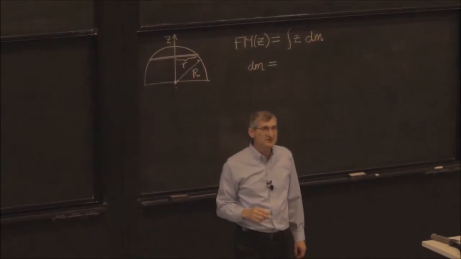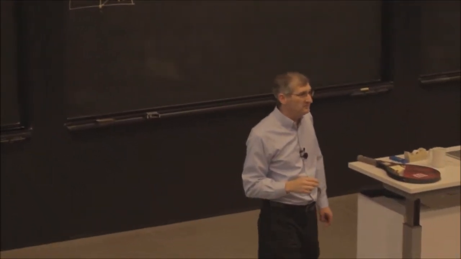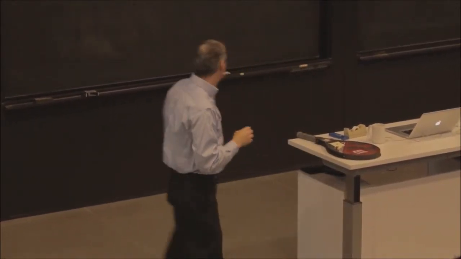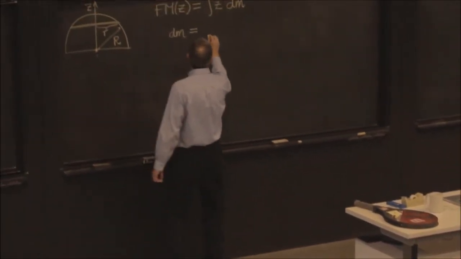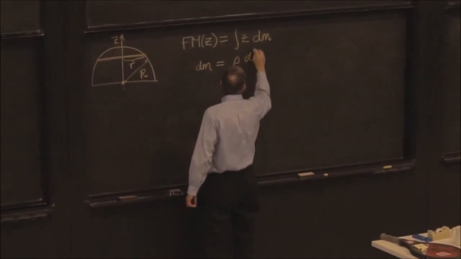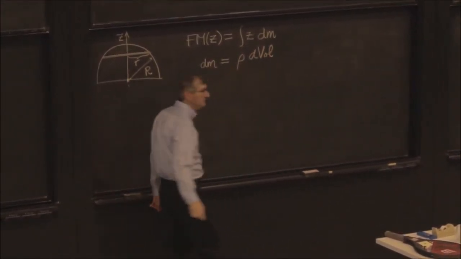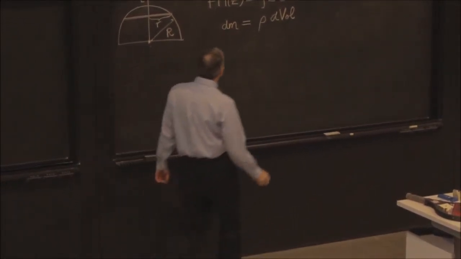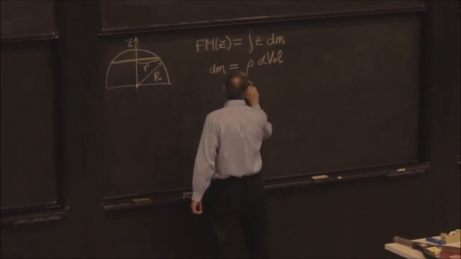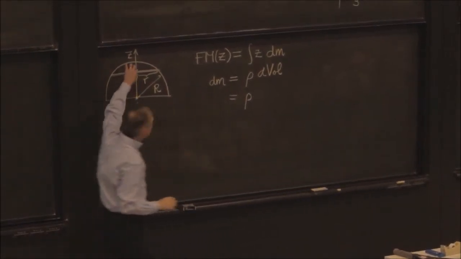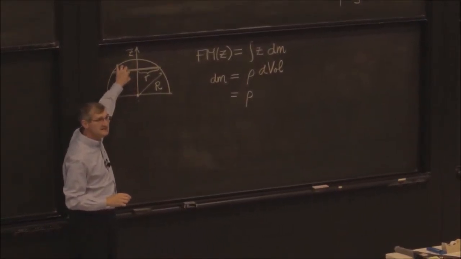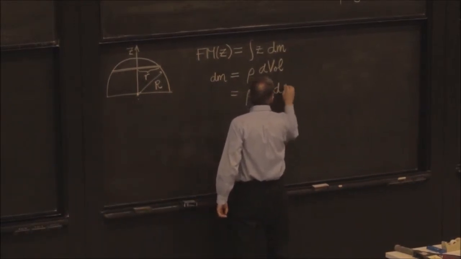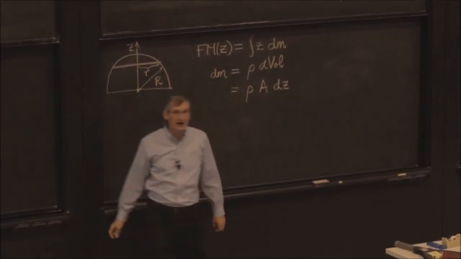Now it's not mass per unit area, it's mass per unit volume. I think you probably use the same thing in chemistry. What do you call it? Rho. Yeah, rho times d volume. So the d volume bit is going to have an infinitesimal thickness dz, and then it's going to need the area of the disk.